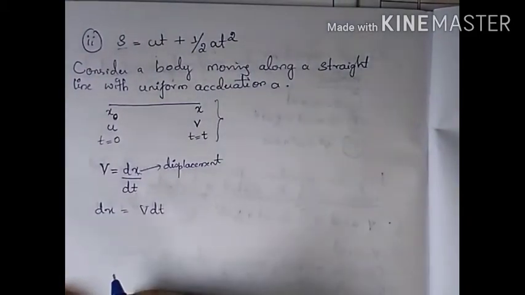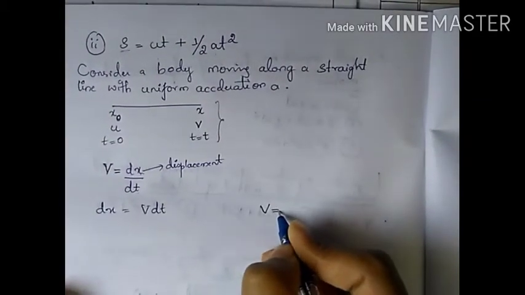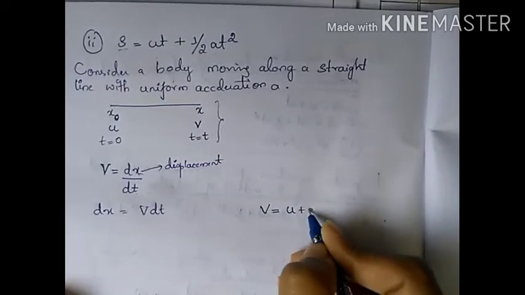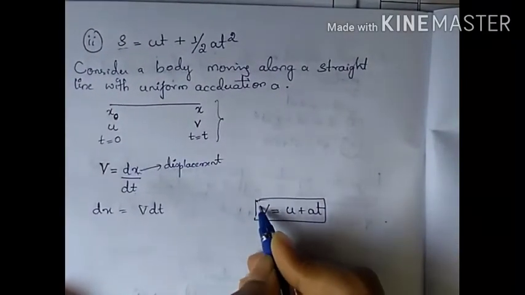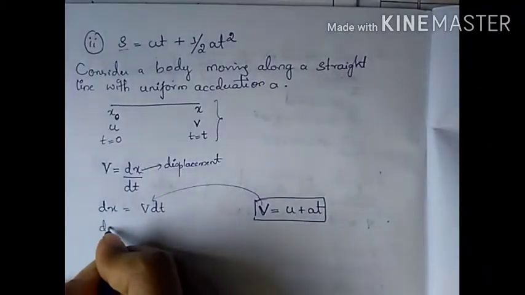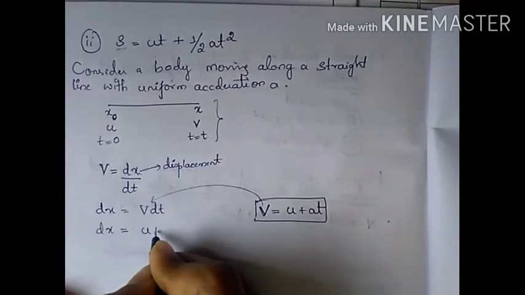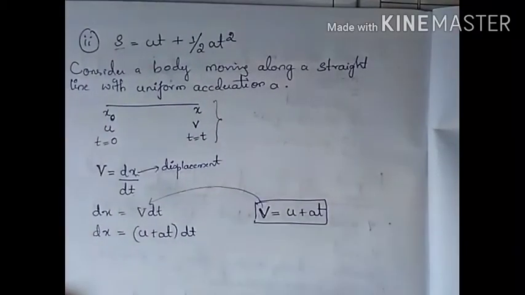This is the velocity equation written in terms of displacement. Our last equation was v equals u plus at, so we know the equation for v. If you substitute this here, what you get is dx equals (u plus at) multiplied by dt.